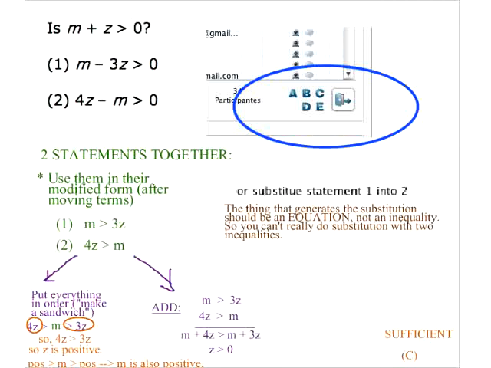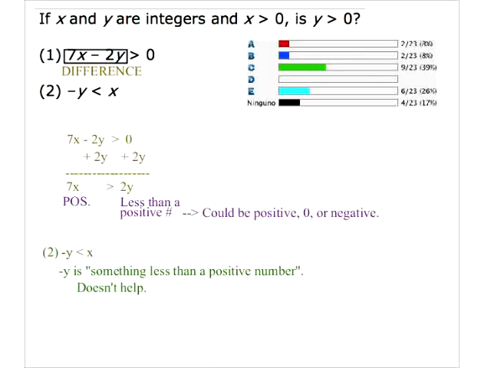If you just add these, you're going to think that Z is positive, and you might forget that you know anything about M. Same sort of thing here. You can't just add the equations and look at what you get. You actually have to use the collective of all the information in the problem. In some cases, if you just combine them and look at the combined version, you'll get the whole thing incorrect. So you've got to be careful there.